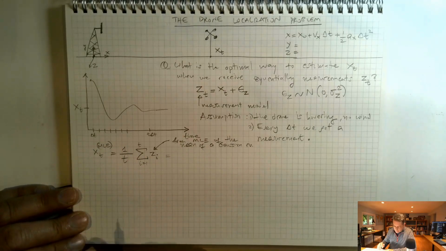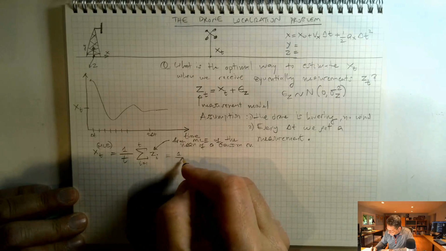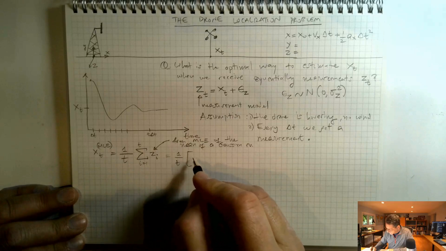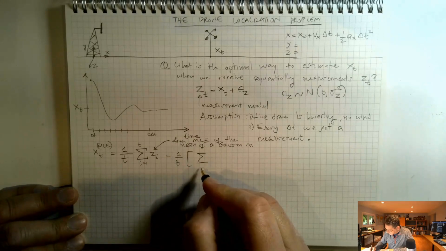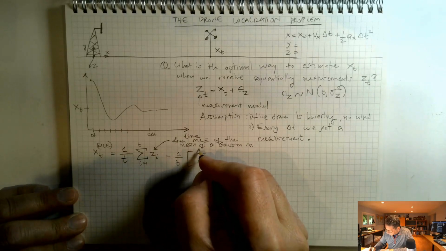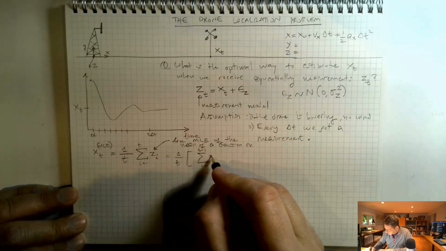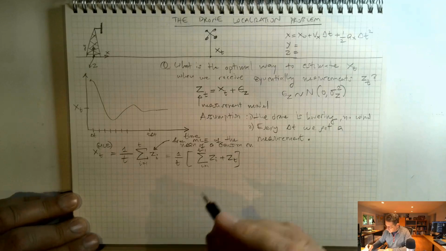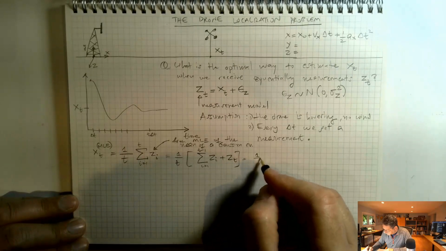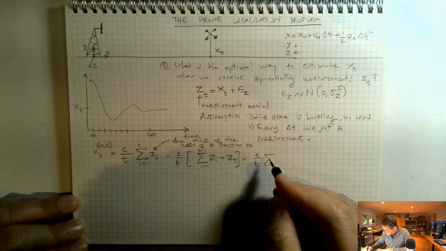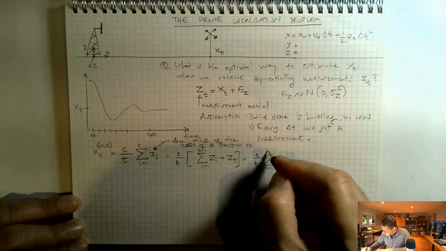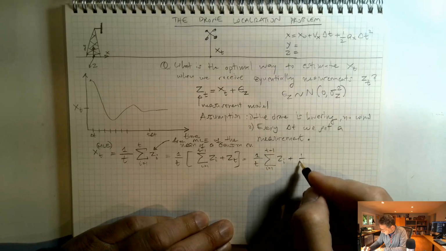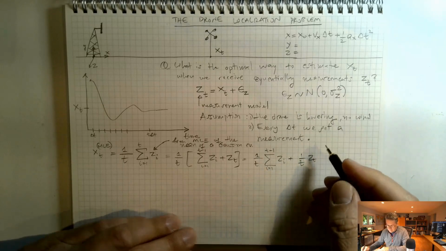Okay, we now have the estimate. So let me rewrite this as 1 over t. I'll break down the summation into two parts: the summation from i equals 1 to t minus 1 of zi, plus zt. Then I'm going to write 1 over t times the summation from i equals 1 to t minus 1 of zi, plus 1 over t zt.